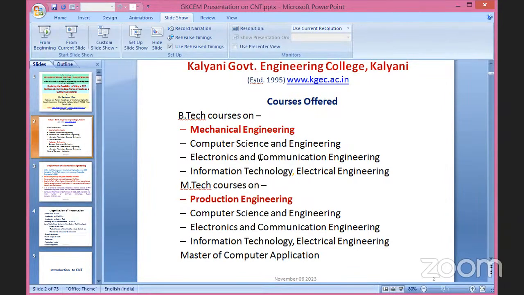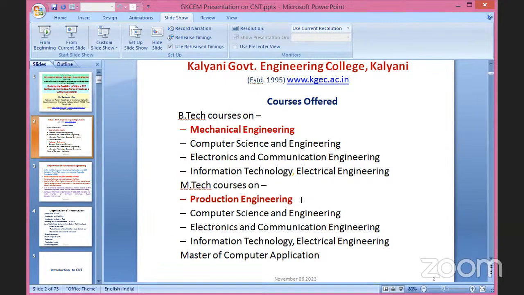We can claim that we are the first department to start an MTech course in this college, in production engineering. At that time there was a collaboration with Central Tool and Training Center, an MSME institute under the Government of India. But after the first year, this course could not run, and we started our own syllabus and our own course, but the course name remains MTech in production engineering.